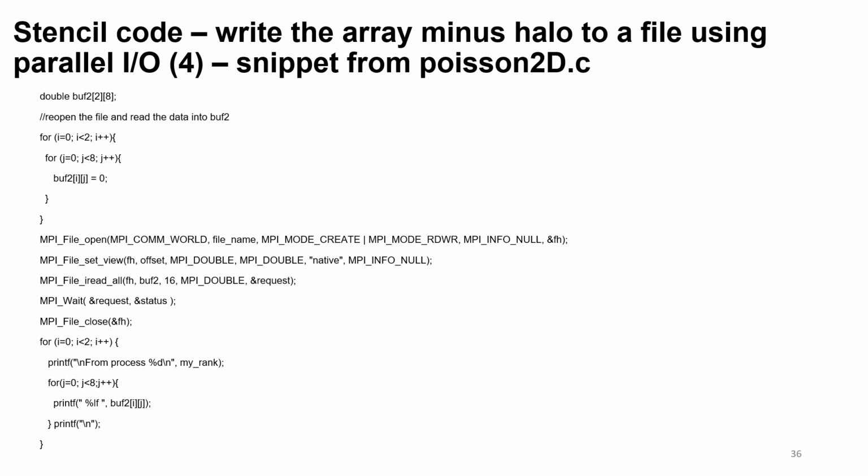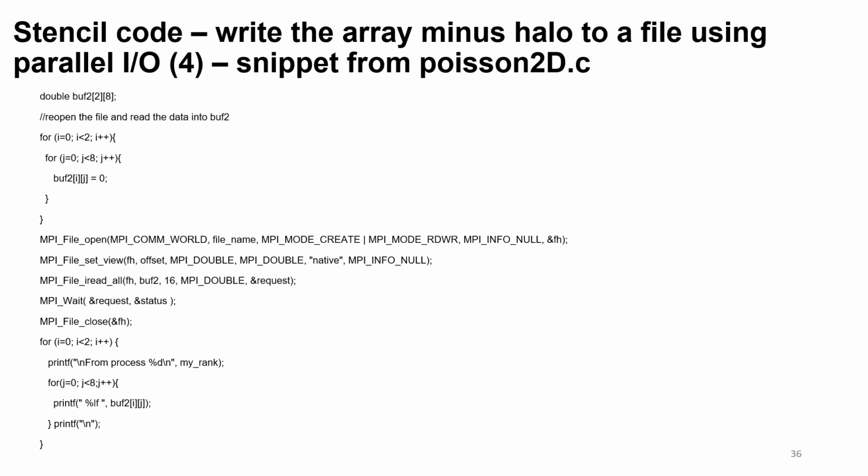So we could have also used the hexdump command on the Linux command prompt. However, here I'm just demonstrating a different technique of inspecting the contents of the file by reopening it and copying data from portions of it into a buffer and then printing the buffer. So here basically you notice that initially the buffer buff2 is initialized to 0, and then I open the file, and then I set the view for each process, and I invoke the MPI_File_iread_all function.